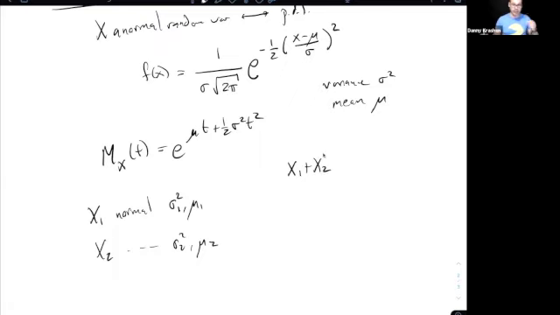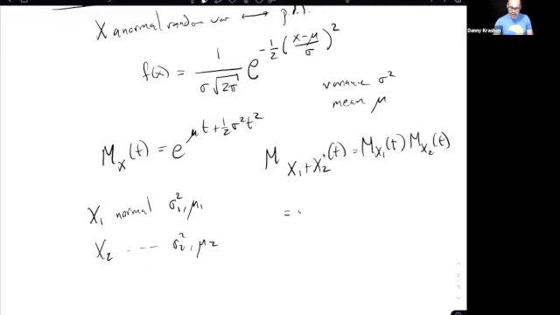Let's assume that they're independent. If they're independent, then we know that the moment generating function of the sum is the product of the moment generating functions. So the moment generating function of this is the moment generating function of one times the moment generating function of the other. And well, let's see, what does that give me?